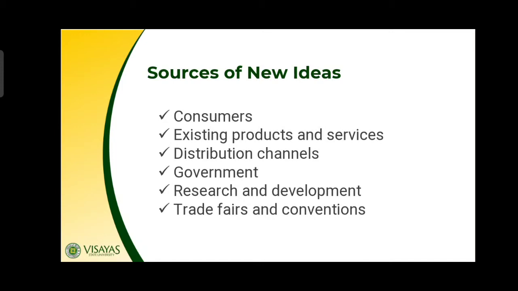Internally means from their employees or their team, their customers; or external sources, which are outside their organizations, like the lead users, the patent inventors, competitors, suppliers. So those are the external sources. The internal sources are those inside your organization.